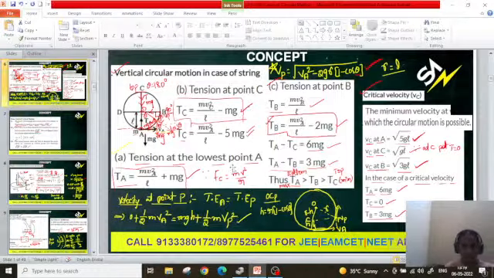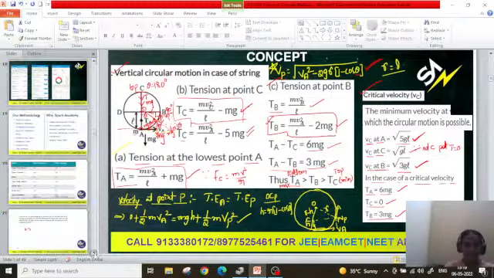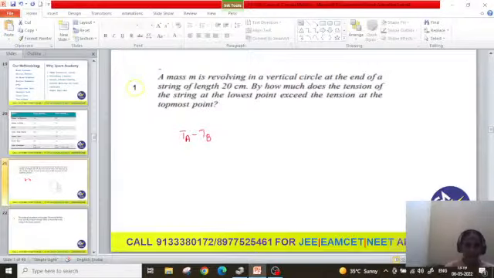You can see TA minus TC. A is the lowest point, C is the topmost point. TA minus TC is equal to 6 mg. So this much we have proved. So we are taking these equations, T at A and T at C. So you must take the tension at the lowest point and tension at the highest point.